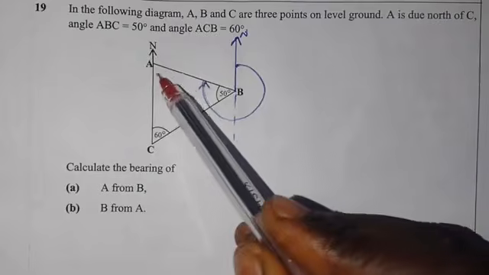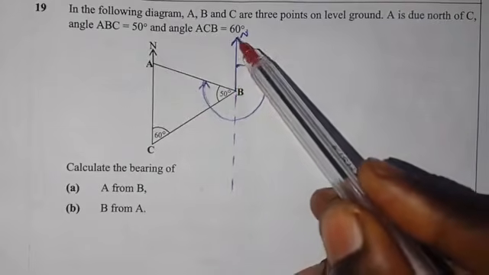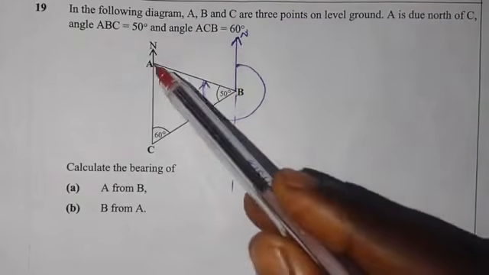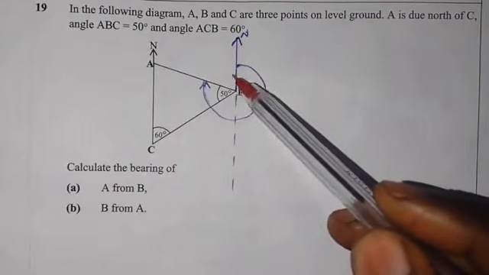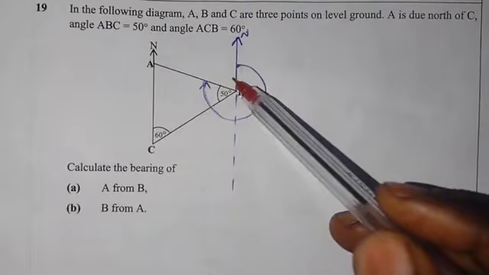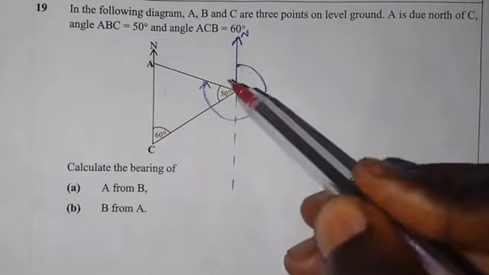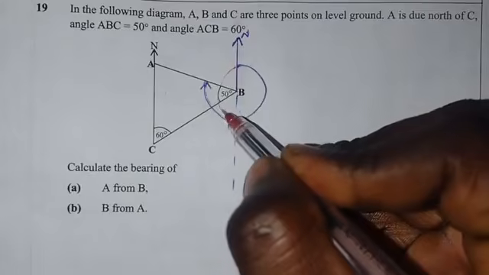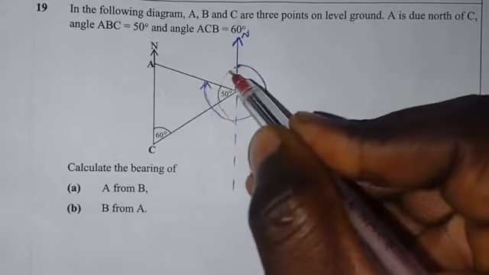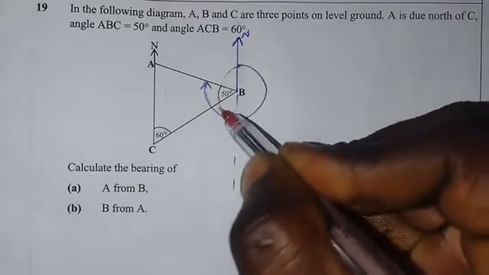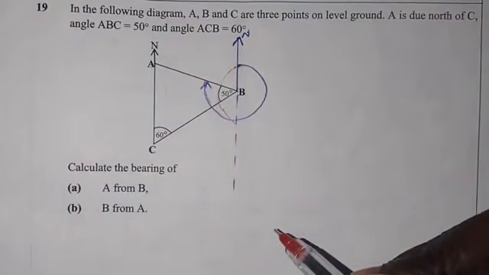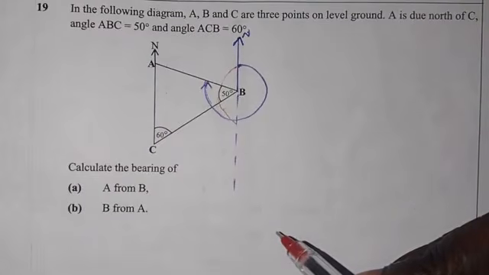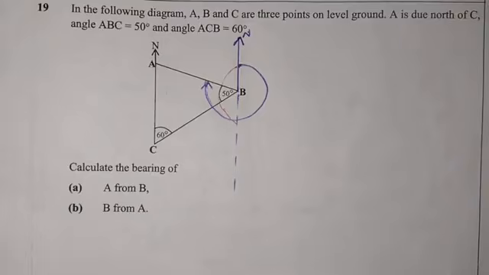When we find the angle here, it will be alternate with this one, because I've got the north and the north, and then there is this transversal line. So the angle here and the angle here are equal. If you don't want that one, you can even say this is a straight line. So this entire angle right here gives us 108. I hope this is clear.